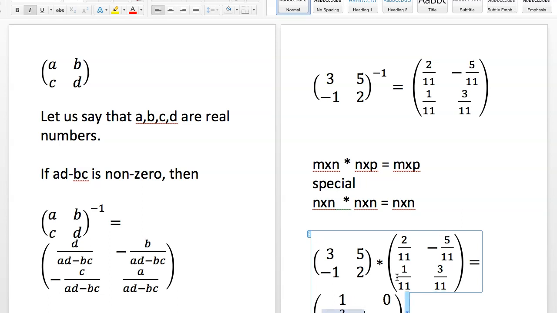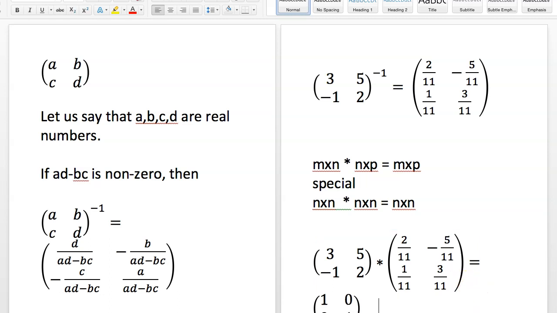But negative 2 plus 2 is 0. And then negative 1, now be careful, negative 1 times negative 5 is actually positive 5 after all. And then 2 times 3 is positive 6. But 5 plus 6 is 11 elevenths. But 11 elevenths is just 1.